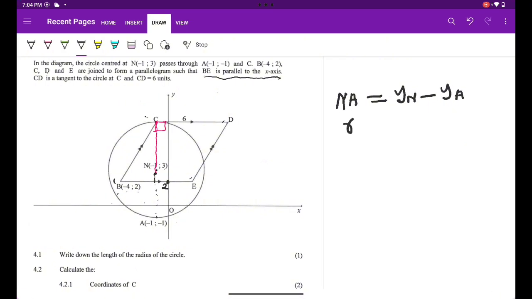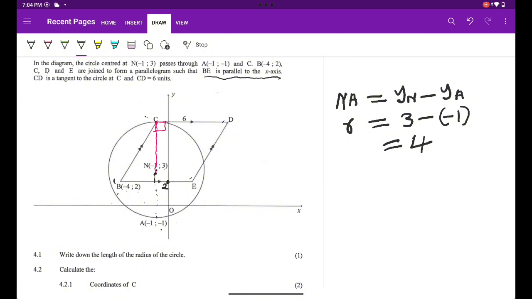So we can even write it as radius. The y value at N is 3 minus the y value at A, which is -1. So our radius will be 3 minus -1, which is 3 plus 1, which is 4. So the length of our radius is 4.